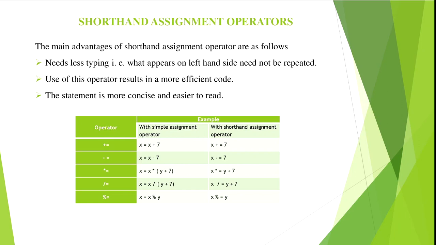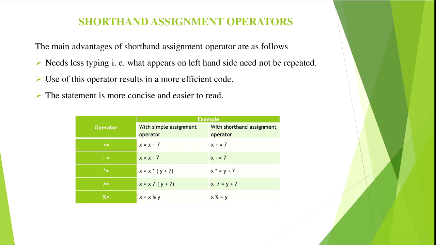The second advantage is that use of this operator results in more efficient code. The statement is more concise and easier to read. It means that with the help of this shorthand assignment operator, the execution speed is also fast.